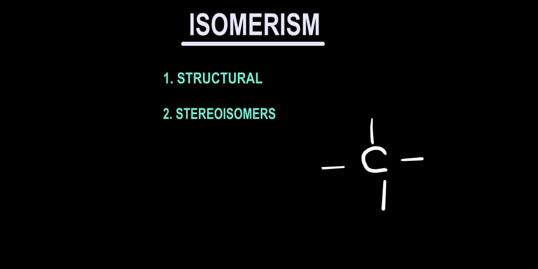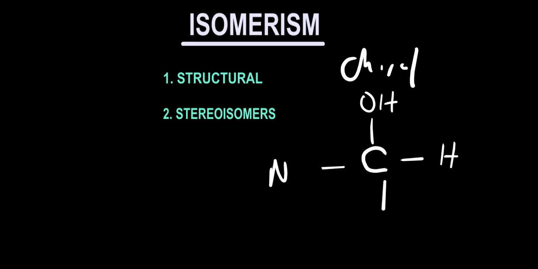A carbon atom connected to and surrounded by different groups is called an asymmetric carbon or a chiral carbon. So let me say probably here it is connected to OH. On the other side, let me say it's connected to H. Okay, this is just an example.